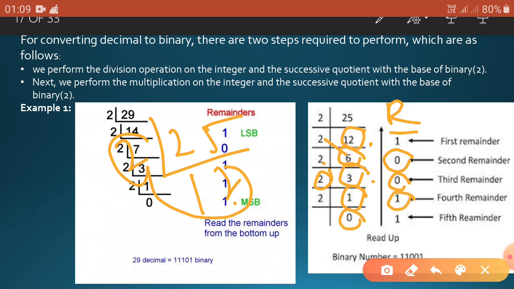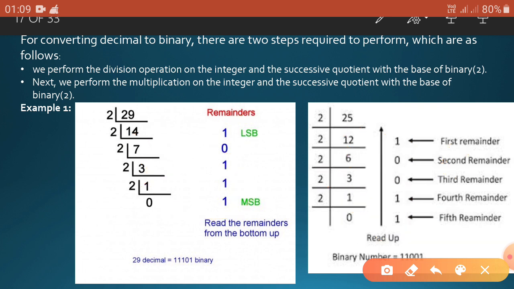Again 0; 2 into 0 is 0, and 1 minus 0 is 1, the fifth remainder. Now we write from bottom to top. So what will be the binary number of this decimal number 25? That will be 11001. This bit is known as the LSB and this bit is known as the MSB.